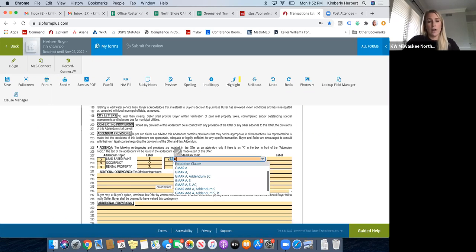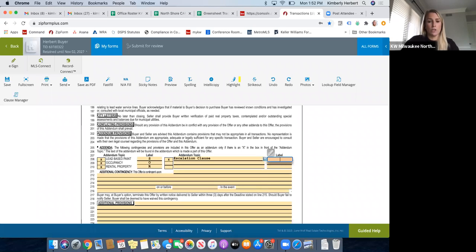Another common one is escalation clause, which is EC, etc. If you're writing an offer on a property where the listing firm doesn't hold earnest money, they'll typically have an additional addendum, so you would incorporate that as well.